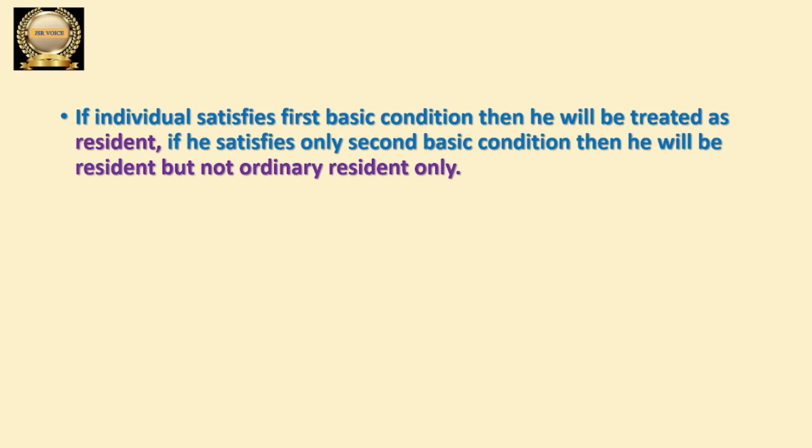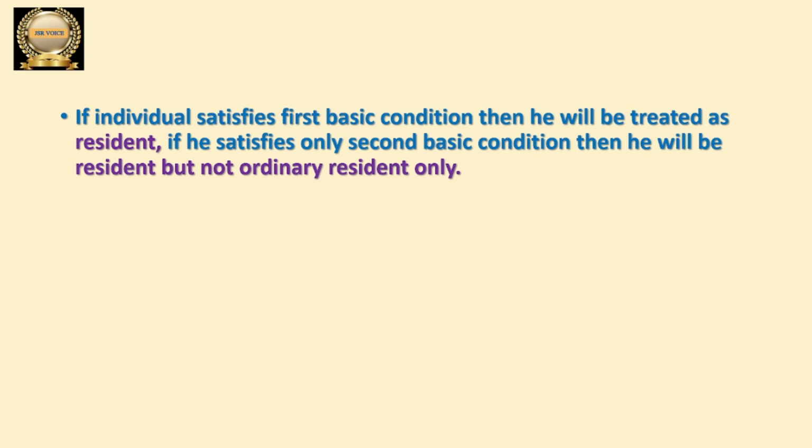If that individual is satisfying the first basic condition, then he will be treated as resident. If he satisfies only the second basic condition, then we can treat him as a resident but not ordinary resident. Here itself we can determine his residential status as resident but not ordinary resident. If he satisfies the first condition, that his stay is 182 days during the previous year, then we can treat him as a resident.